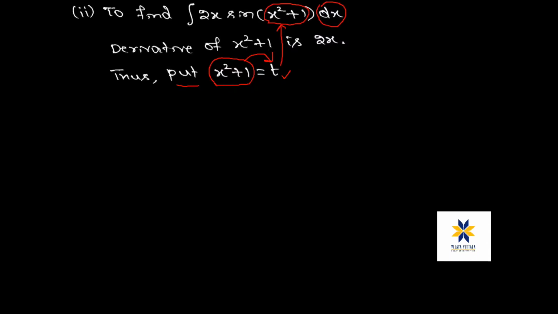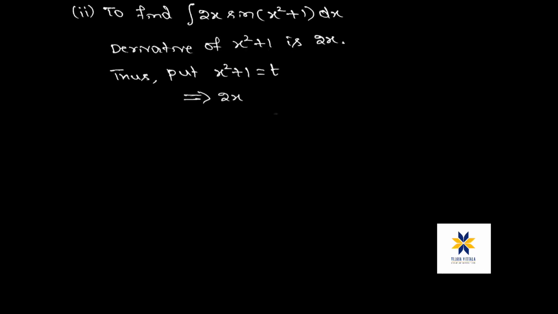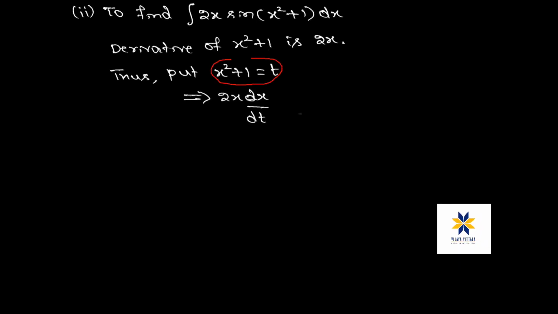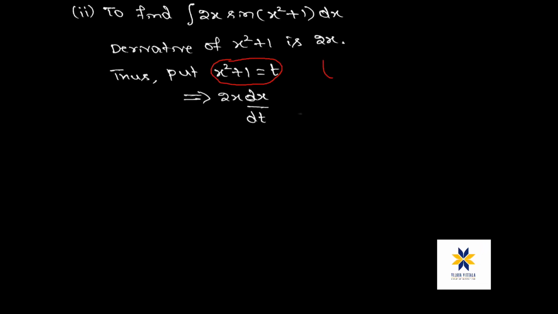For that reason, we need to differentiate this equation. Differentiation of x square is 2x and the differentiation of 1 will be 0, which we have not written, into dx by dt. Because we are differentiating this equation with respect to t.